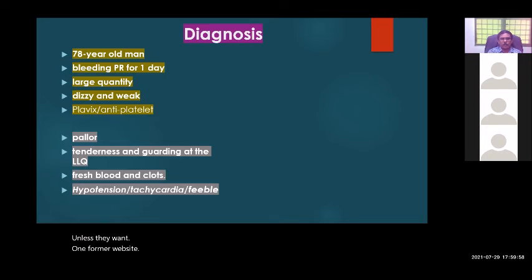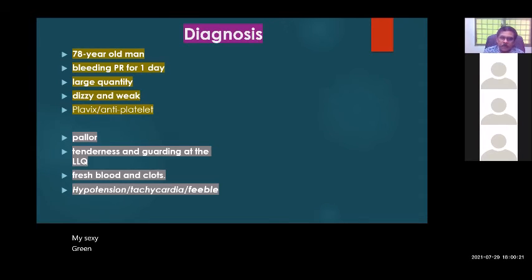That more or less localizes it. It is not very accurate, but clinically you can say this must be from the lower part. Diverticular disease is more common, whereas angiodysplasia is in the cecum and right side of the colon, and it bleeds from a vein. It's a venous bleed.